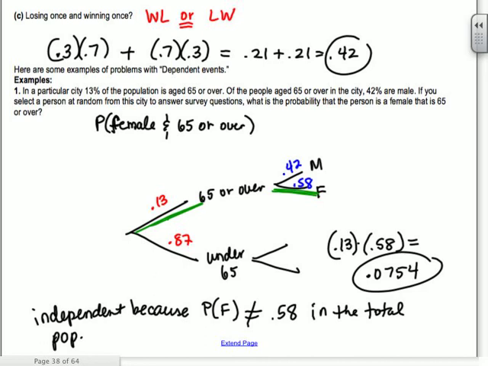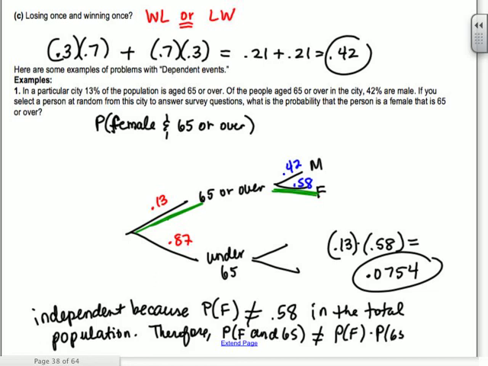We didn't say what's the probability that someone is female in this total city. Does that make sense? So it was telling you this depends on that branch that we already went on. So it's dependent. Okay, so remember that formula before? The probability that you're female and 65 does not equal the probability that you're female times the probability that you're 65 or over.